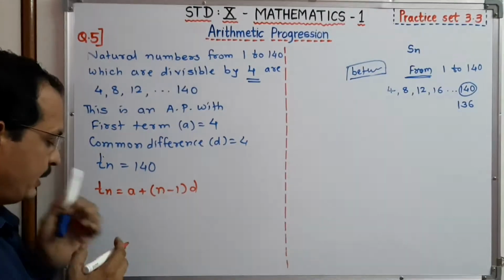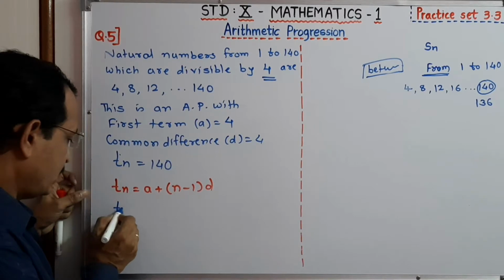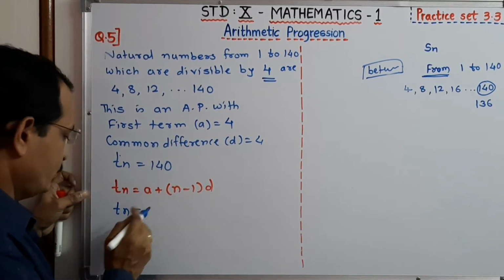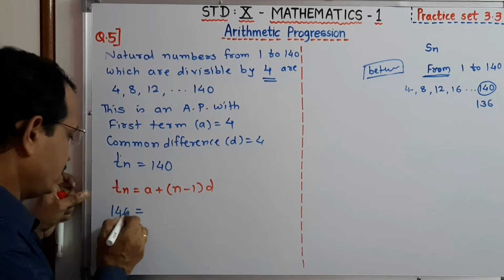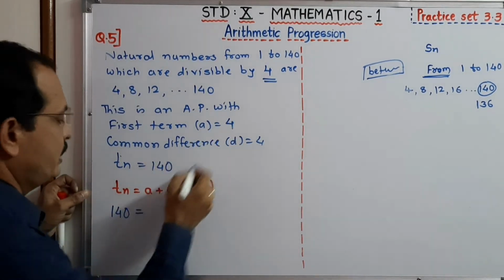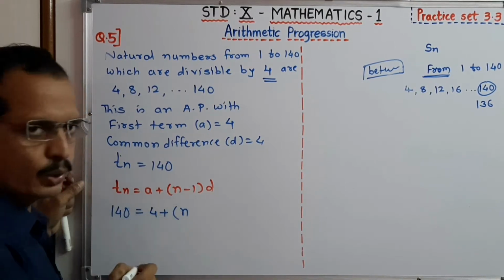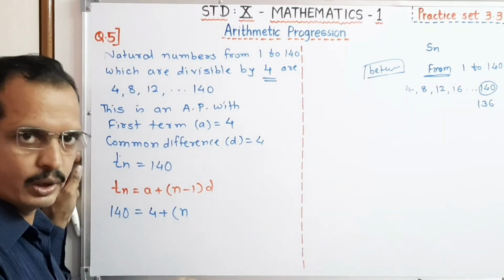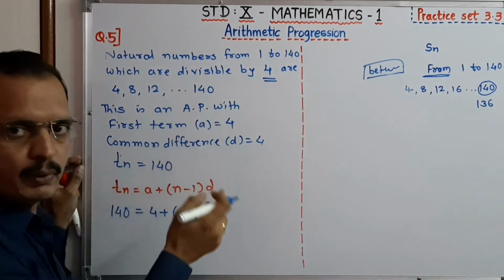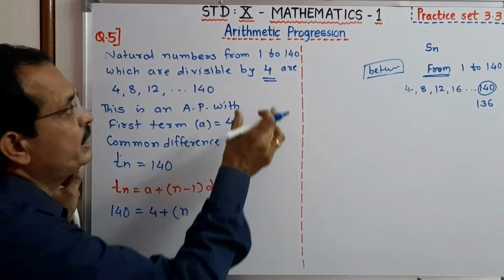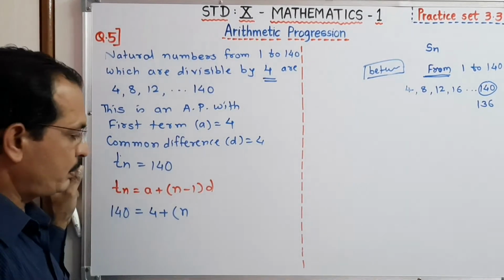Now Tn, the last term, is 140, equal to first term a equal to 4 plus n minus 1 into d. We don't know how many terms there are, so we have to find the position of this last number, and by knowing that we can find how many numbers from 1 to 140 are divisible by 4.